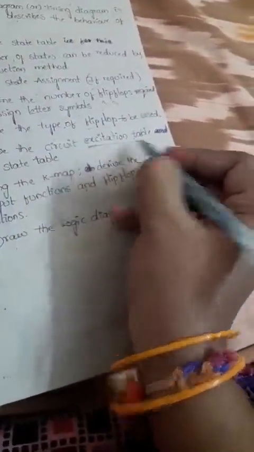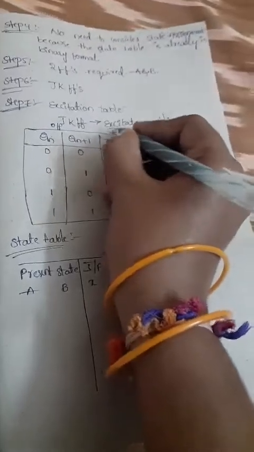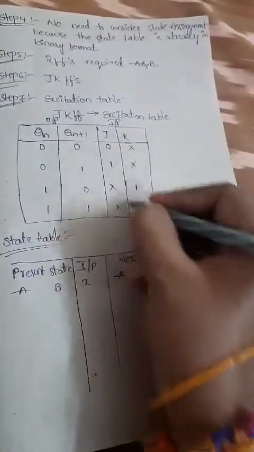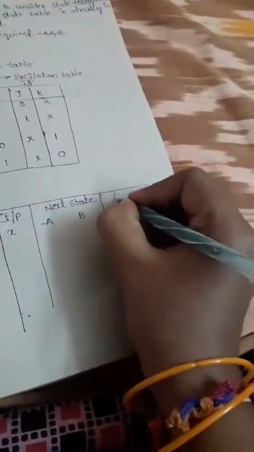So now we have to derive the circuit excitation table from the state table. We have to write the excitation table values. What are excitation table values? They are the flip-flop input values. Already you know, right? Here we have to compare the output with the input, so the input is our result. That means flip-flop input equations.